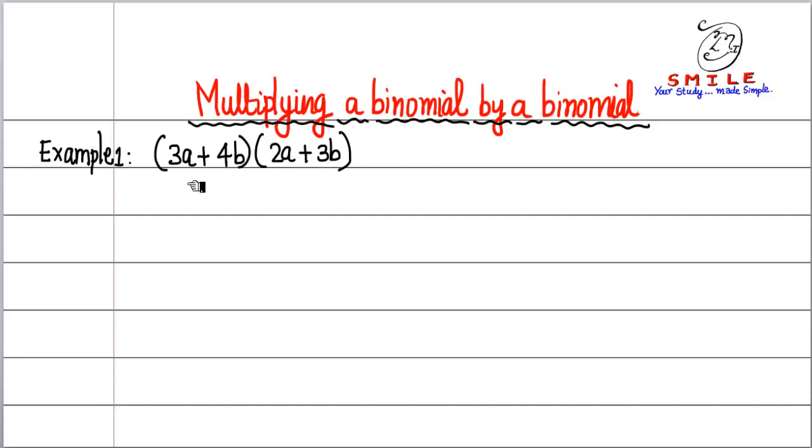What we do is first we multiply 3a with this whole. So we write it like this, 3a, and then we put a bracket and 2a plus 3b.